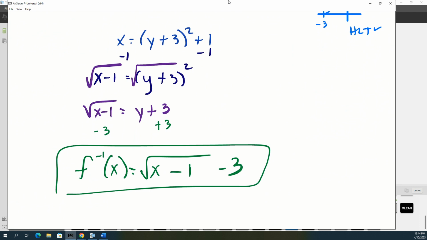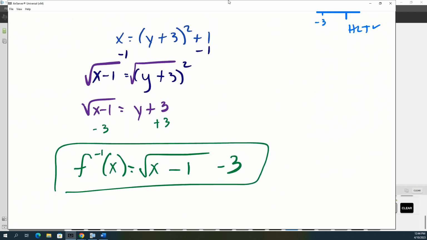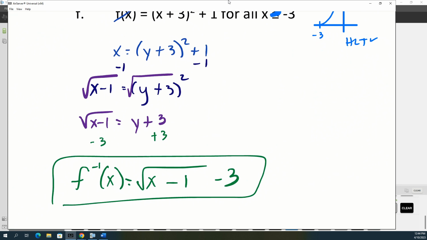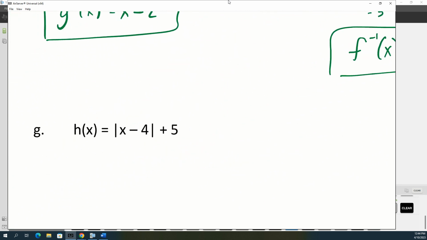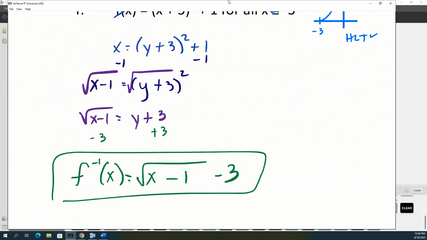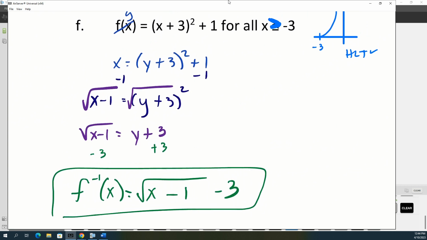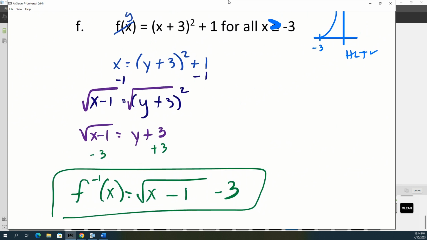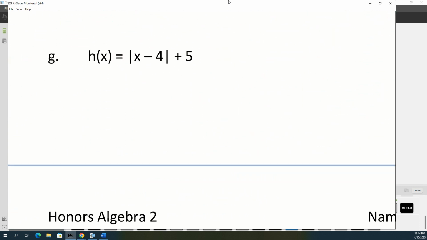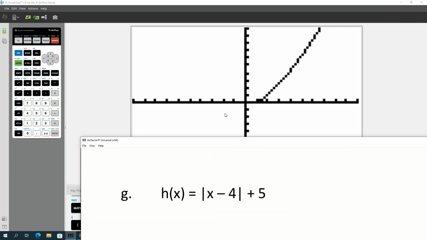Right, and then this last one is an absolute value graph. Do you guys remember what absolute value graphs look like? It's a letter in the alphabet. Y'all got a lot to remember. Okay, absolute value graphs are V graphs. And so if you remember that, then you're going to know that this last one is not going to pass the horizontal line test. But I just want to refresh your memory on how to type it in.